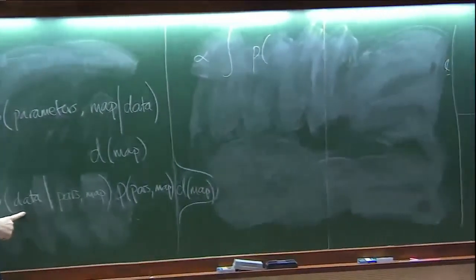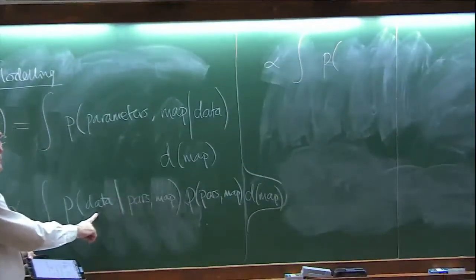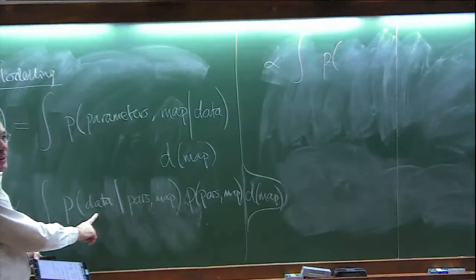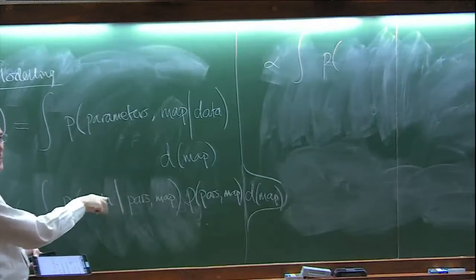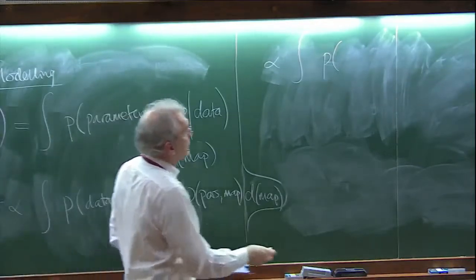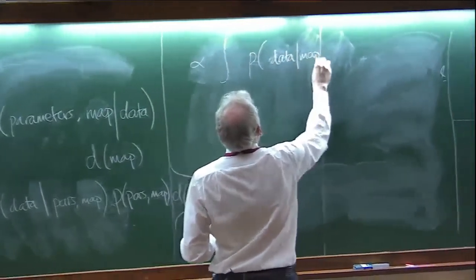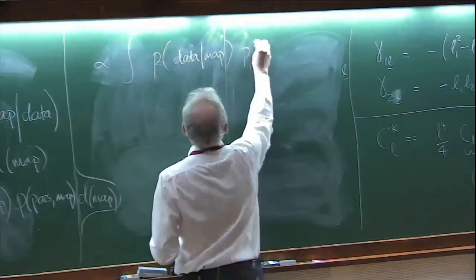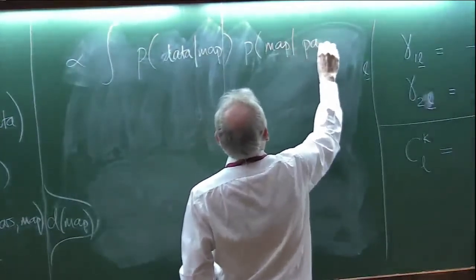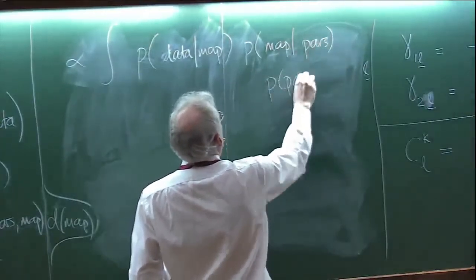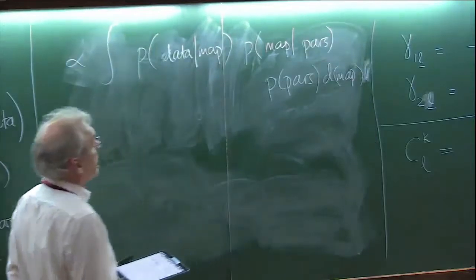The first point is that the probability of the data given the parameters and the map actually depends only on the map, because the data are the noisy estimates of the shear, and those depend only on what the true values of the shear are in the pixel. It doesn't depend directly on the parameters. This is just shape noise. So that's the probability of the data given the map, and this other one we can subdivide into the probability of the map given the cosmological parameters times a prior on the cosmological parameters, and then marginalize over the map.